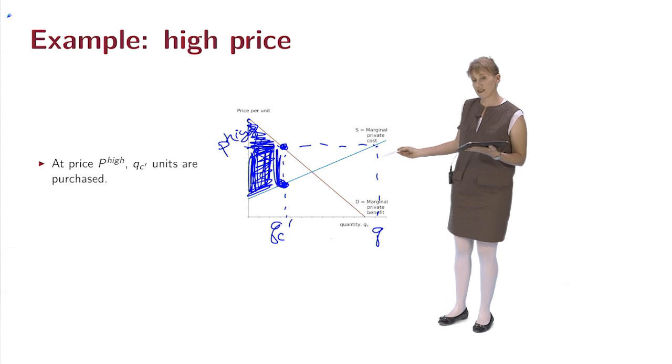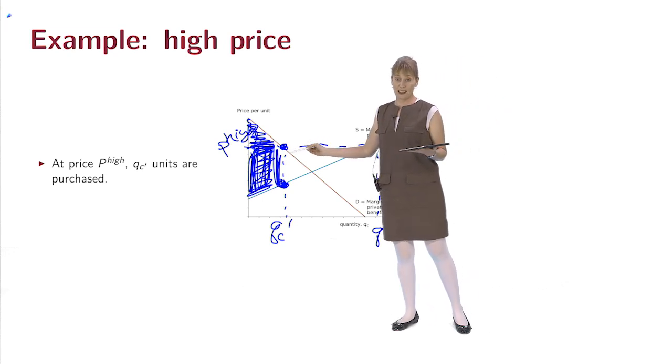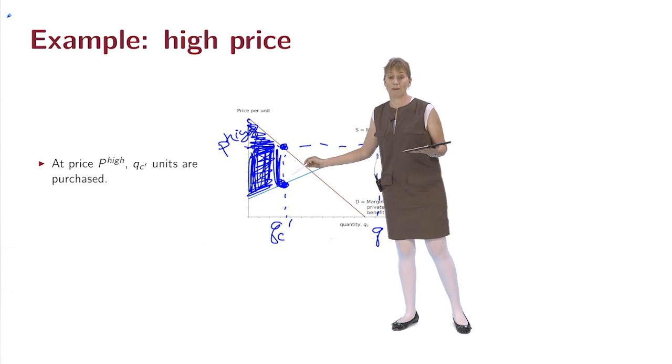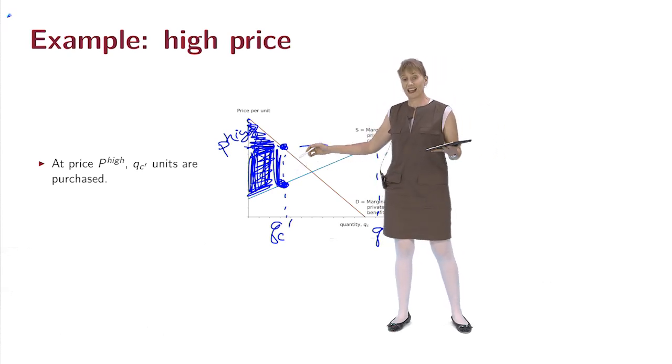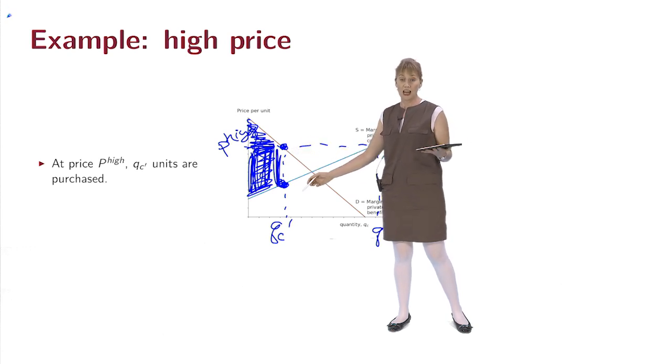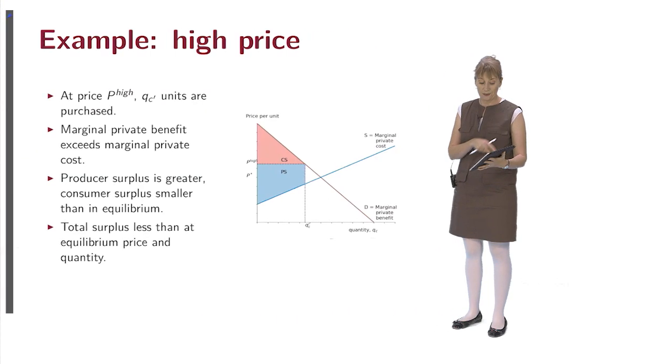That suggests that the marginal benefit to consuming the next unit for consumers would be greater than it would cost producers to make that unit, suggesting that we could have an increase in total welfare or total surplus if we were able to reduce the price and increase quantity.